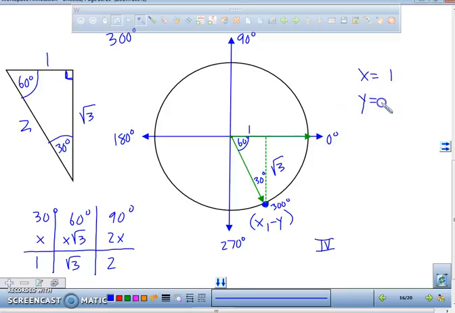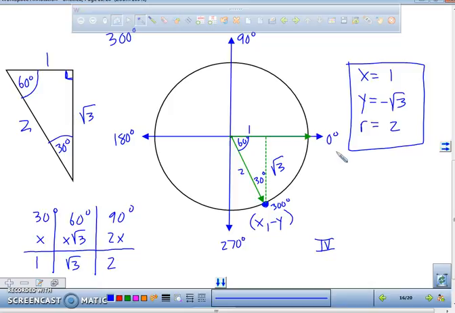It's going to be a negative radical 3. And what's the distance of our radius? Our distance of our radius is 2. So r is equal to 2. So now that you have your x value, your y value, and your r value, this problem becomes so easy.